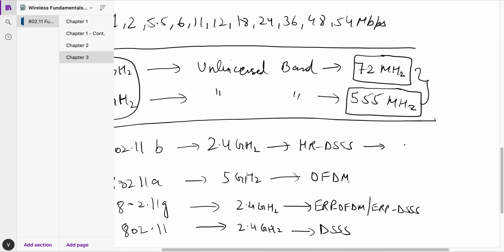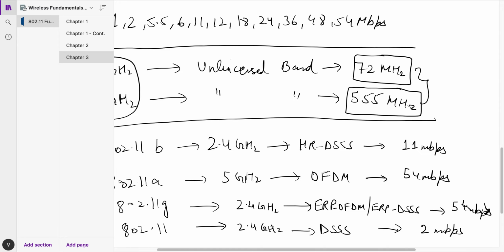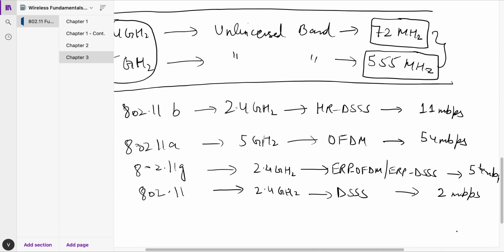Now this supports a maximum data rate of 11 Mbps, maximum data rate is 54 Mbps, maximum data rate is again 54 Mbps, and maximum data rate here is 2 Mbps. So this is how the evolution happened.